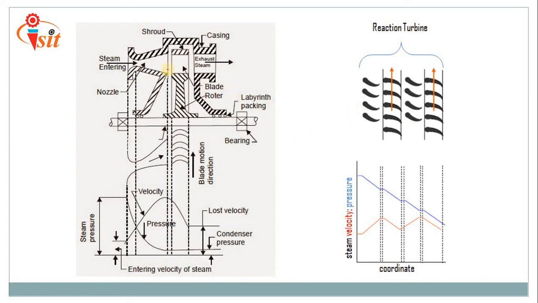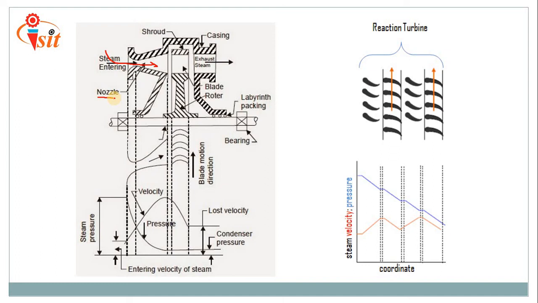In the impulse turbine, generally what happens is that high pressure steam is produced from the boiler, and that steam is generally superheated or may be saturated, meaning there is no moisture content present. From the boiler that steam enters the area known as the nozzle. Through that nozzle the steam enters. What exactly does the nozzle do? The main function of the nozzle is to convert the steam energy, that is pressure energy, into kinetic energy.